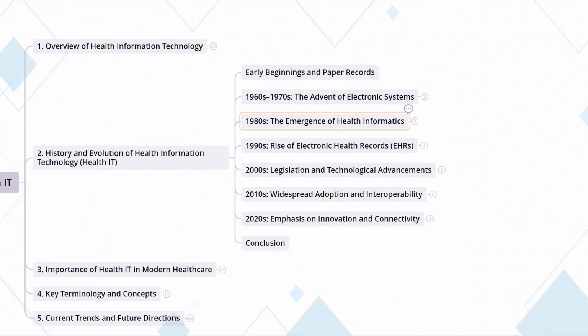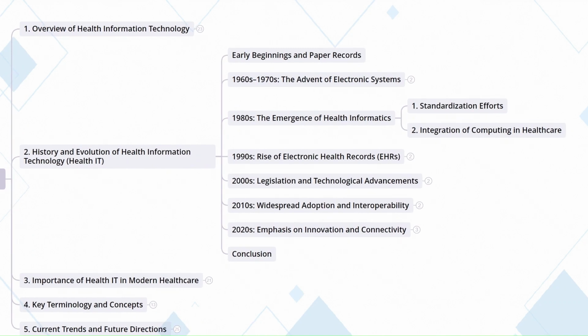From 1980s, the emergence of health informatics. During the 1980s, there was a growing interest in health informatics, the interdisciplinary study focusing on the effective use of information in healthcare. Key advancements include standardization efforts.